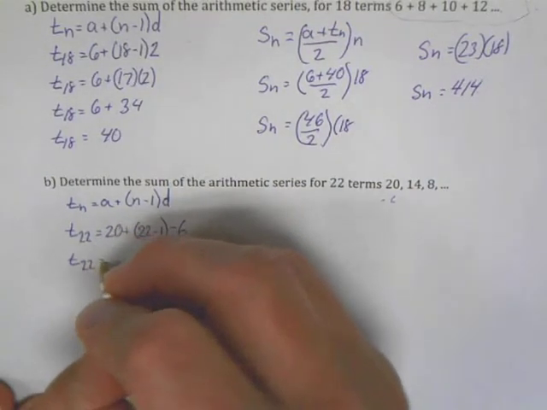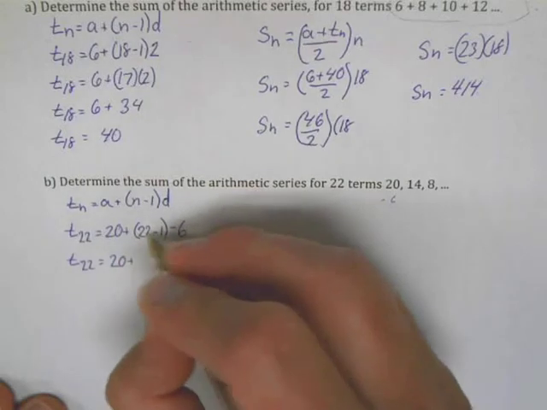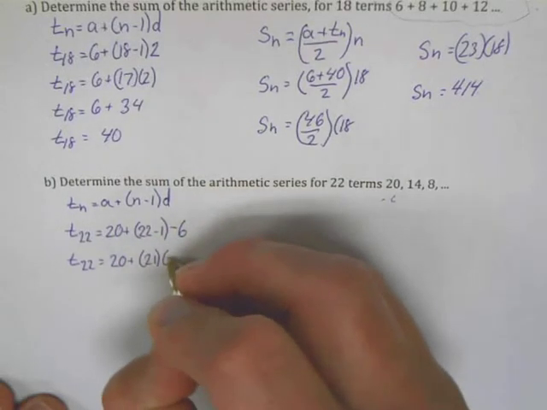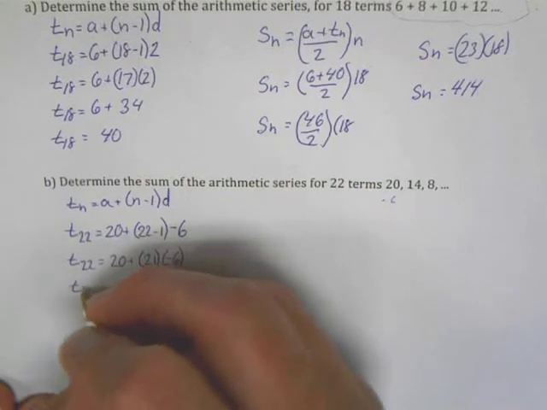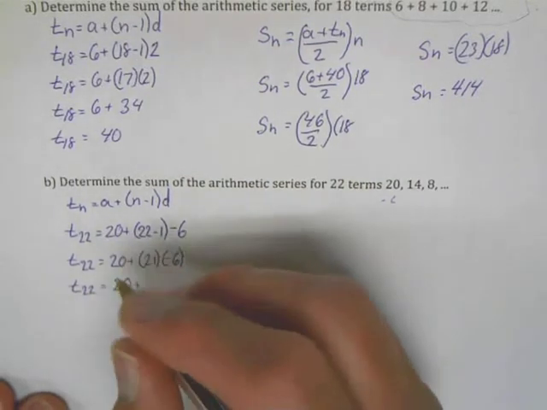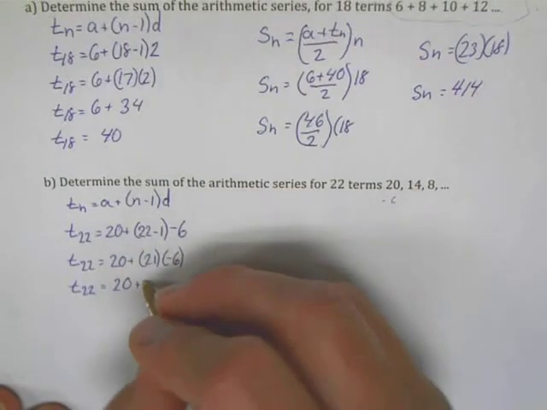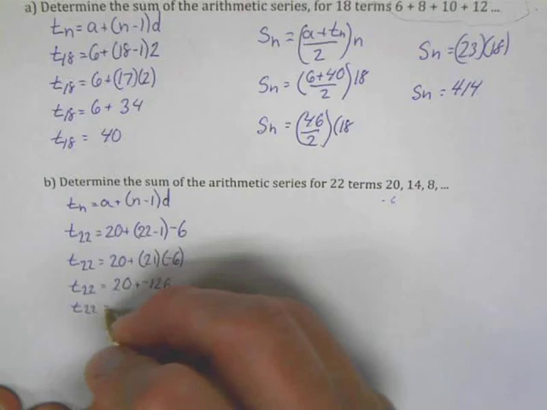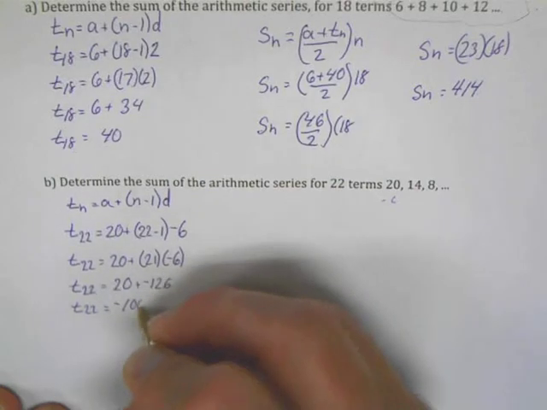Term 22 is equal to 20 plus 22 minus 1 is 21, times negative 6. Term 22 is equal to 20 plus negative 126, and term 22 is equal to negative 106.